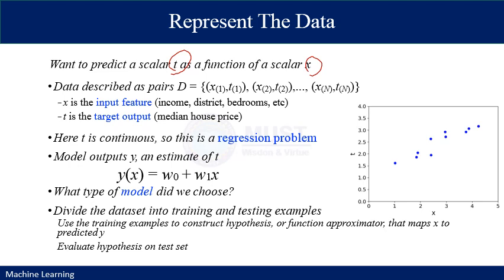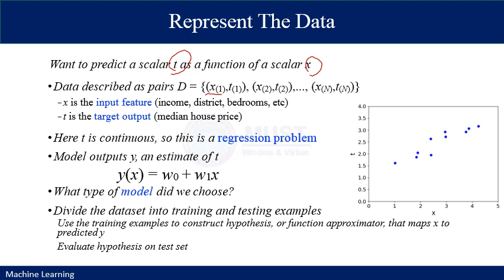In this case, x is the input feature vector which can contain income, district, bedrooms, etc. for the case of housing data, and t is the target output which is the median house price. Again, t is continuous because this is a regression problem.